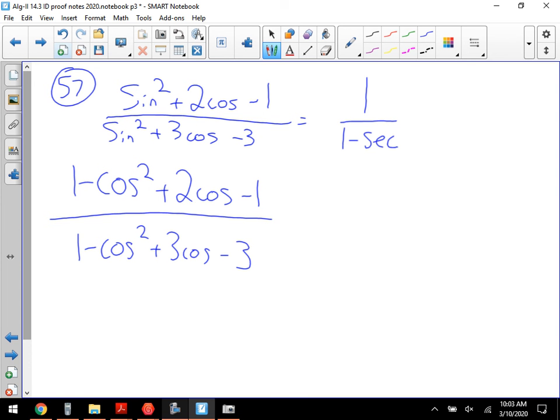What's 1 minus 1? 0. Okay. So my numerator is negative cosine squared plus 2 cosine. What's negative 3 plus 1? My denominator is negative cosine squared plus 3 cosine minus 2.